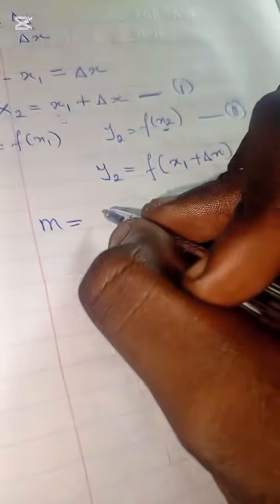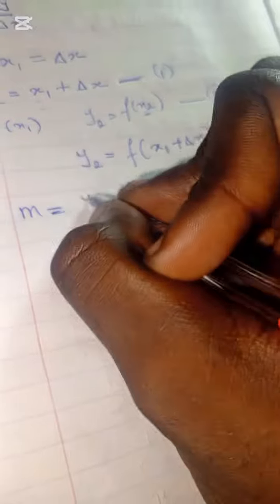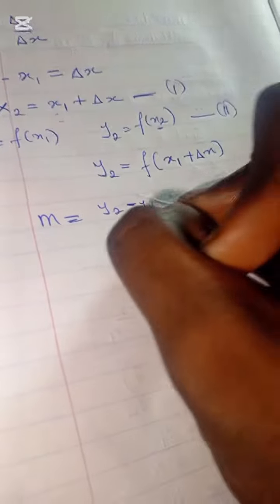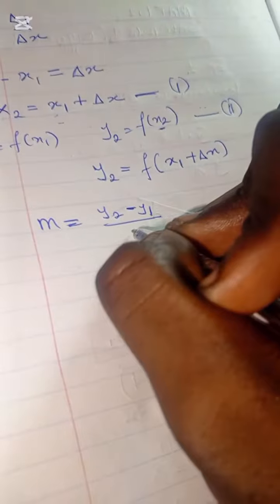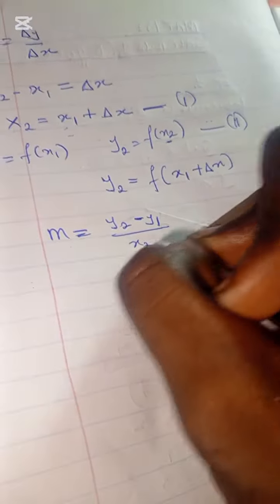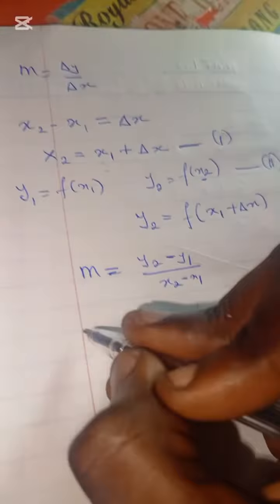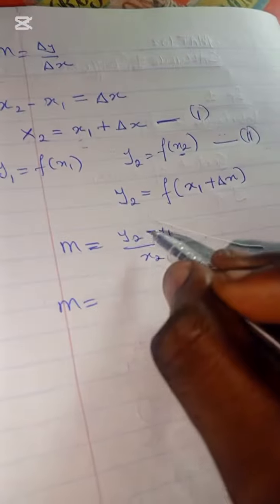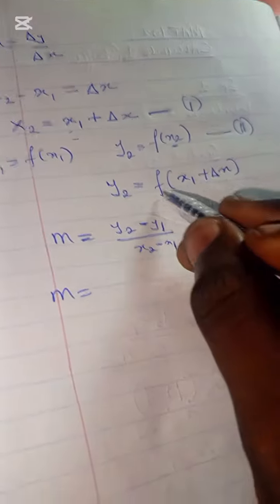Now don't forget the formula for gradient. m equals y2 minus y1 over x2 minus x1. So the gradient will now be: what's our y2? Our y2 here is this.